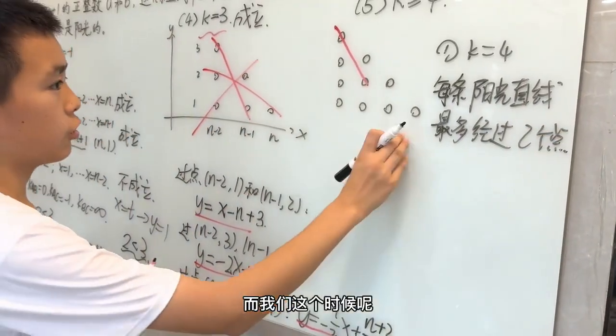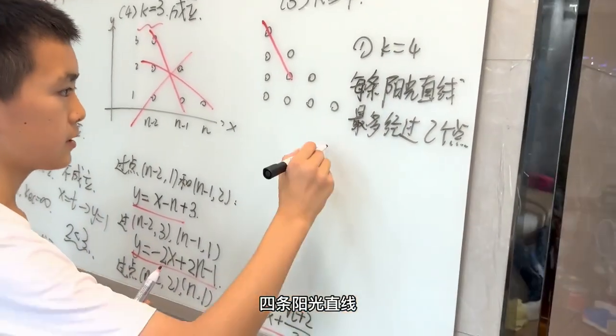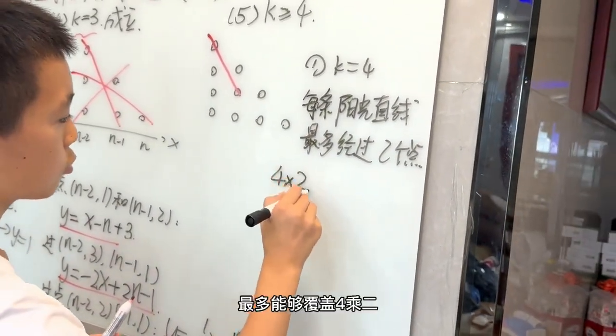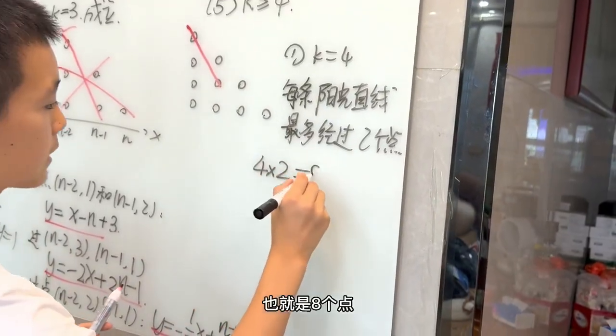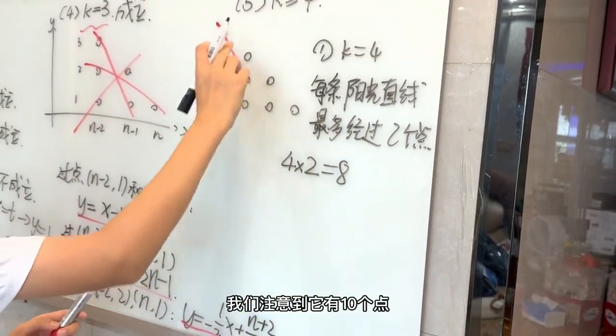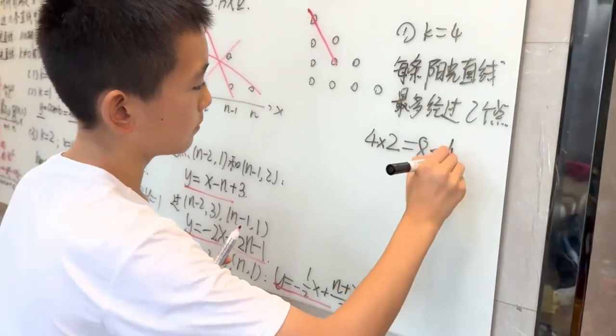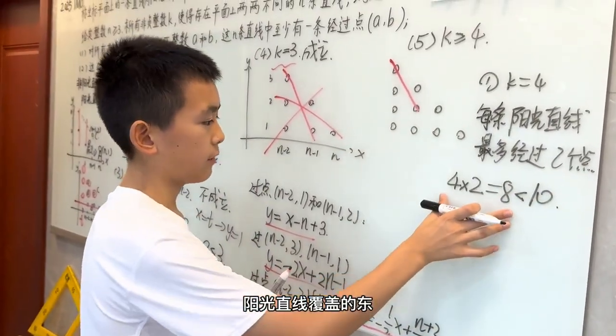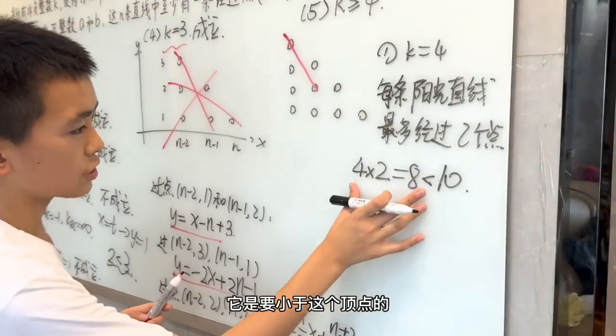There are 4 sunlight lines, and the 4 sunlight lines can cover up to 4 times 2, that is, 8 points. But in this place we noticed that it had 10 points, so the points covered by sunlight lines should be less than the total number of vertices.